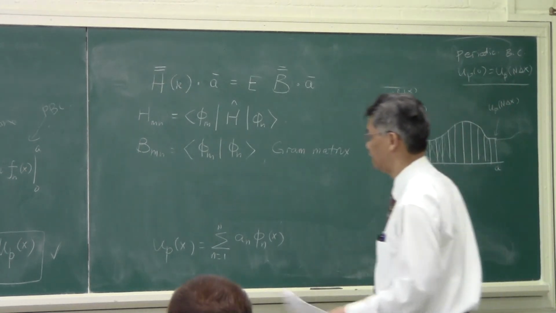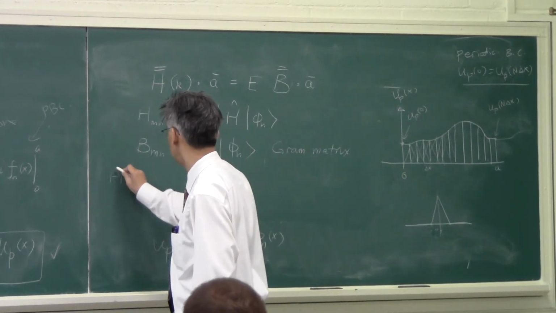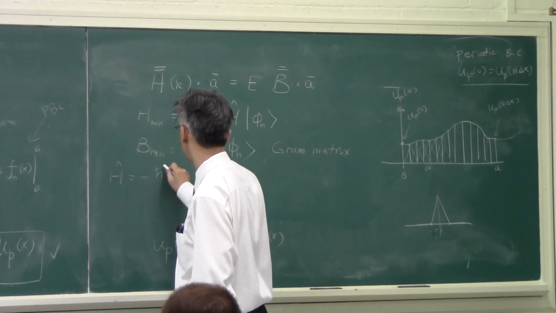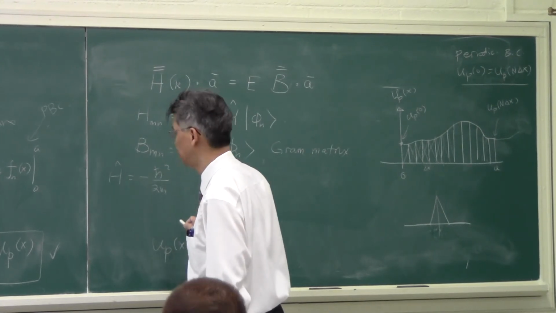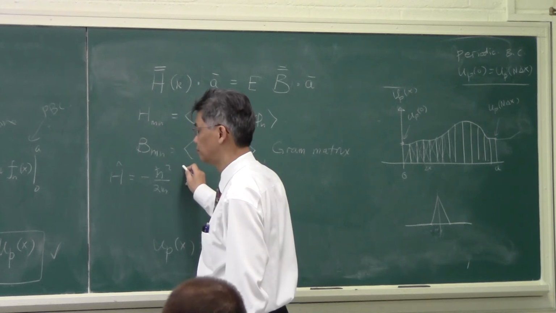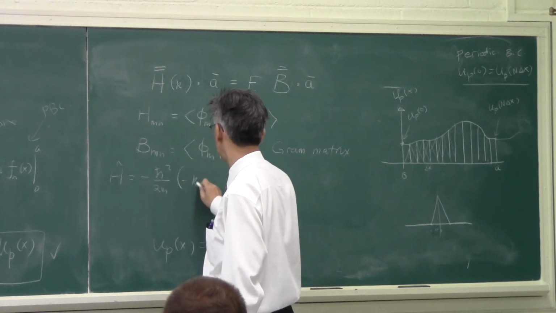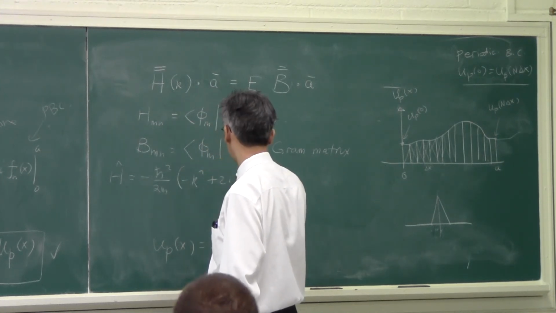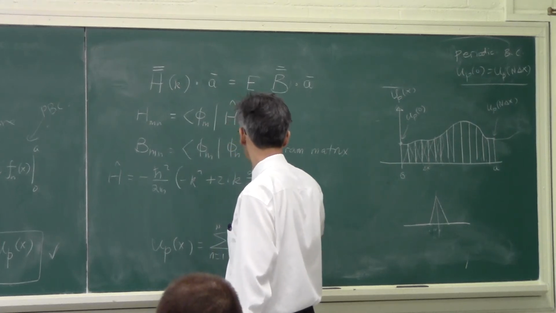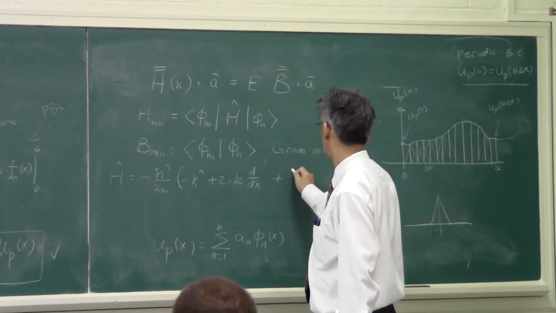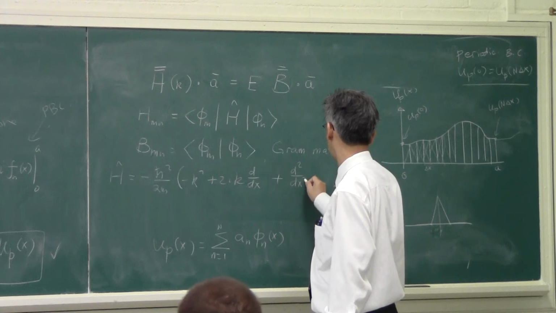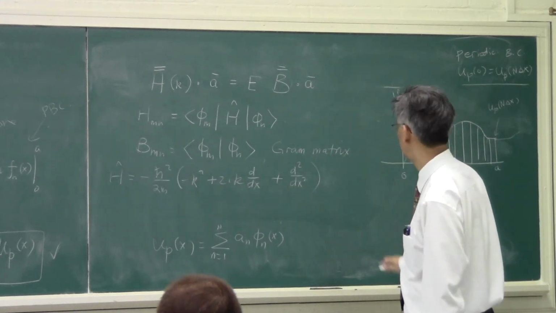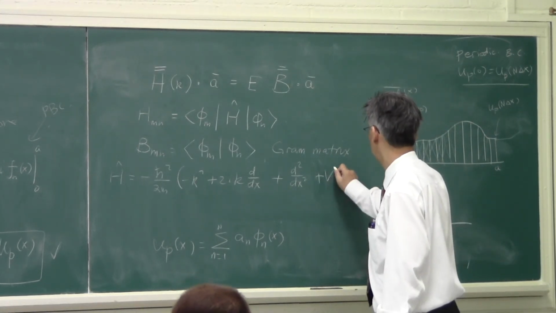And then the H hat, I can write it down explicitly for you. H hat is ħ squared over 2m times minus k squared plus 2ik d/dx plus d squared/dx squared. This is my H hat, plus a potential V(x).